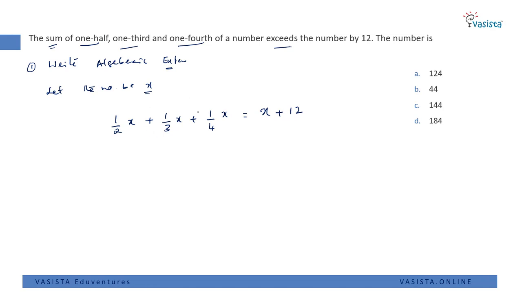Now simplify here. x by 2 plus x by 3 plus x by 4 is equal to x plus 12.